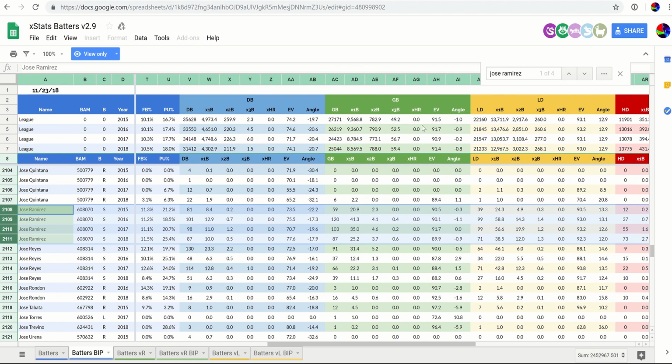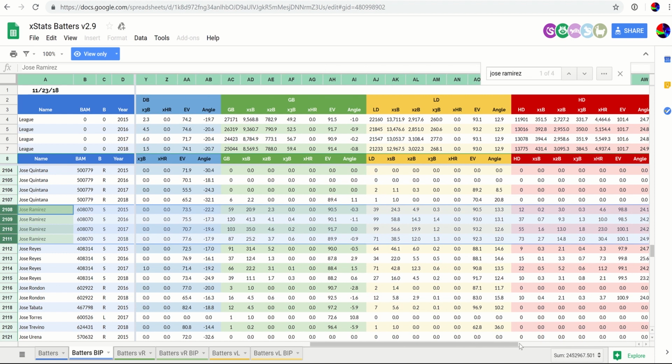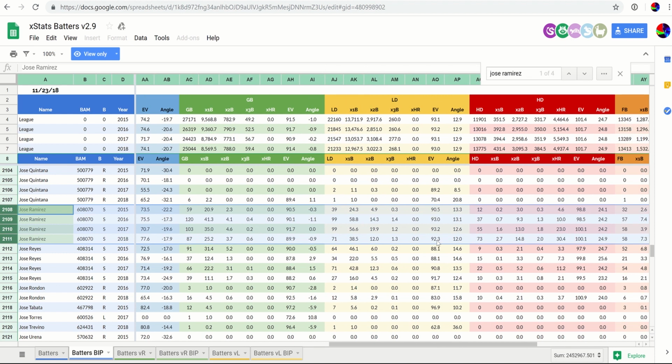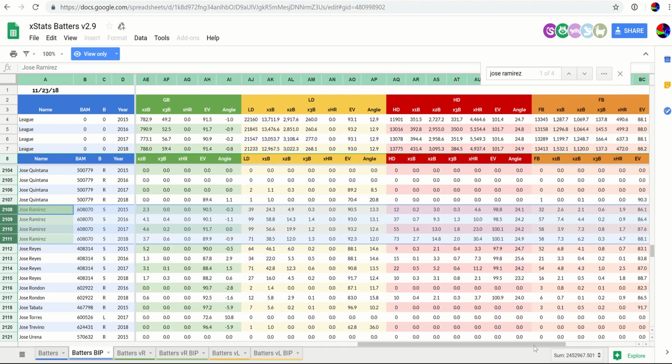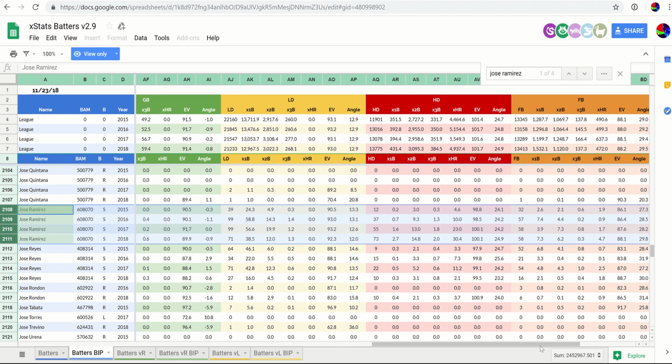You can see here on his ground balls, exit velocity fairly similar, a little bit down, angle slightly down. Line drives, again, I used to use this a lot more in the previous version of xStats, because instead of breaking it down by a combination of exit velocity and launch angle already in these categories, it had it broken down by launch angle and then the exit velocity at those launch angles.